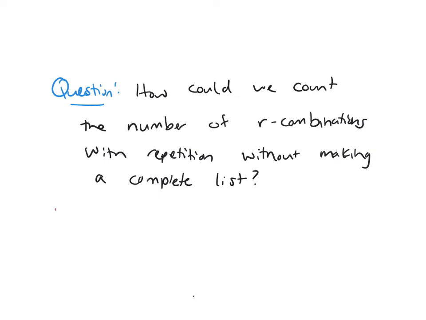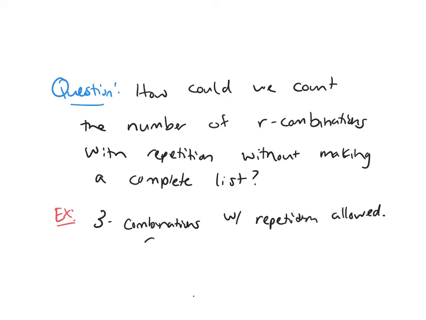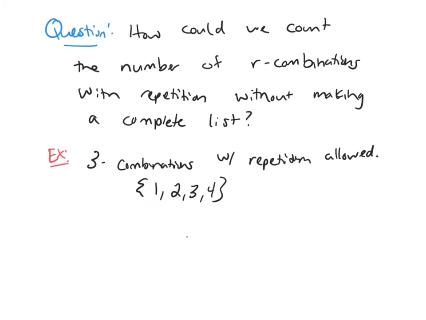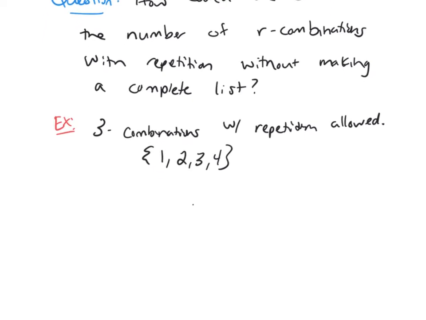So let's go back to our example from earlier. Remember, we were looking at 3 combinations with repetition allowed. And we had this set that we could pick numbers from, 1, 2, 3, and 4. So here's how we're going to think about this idea: you can think of the numbers 1, 2, 3, and 4 as categories.